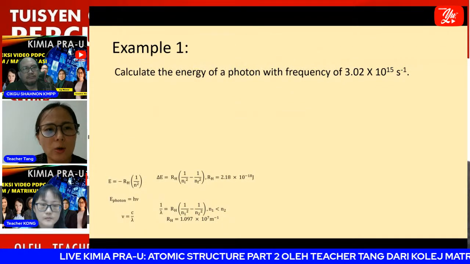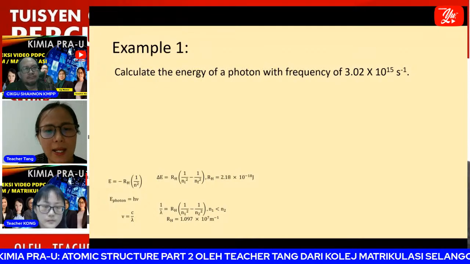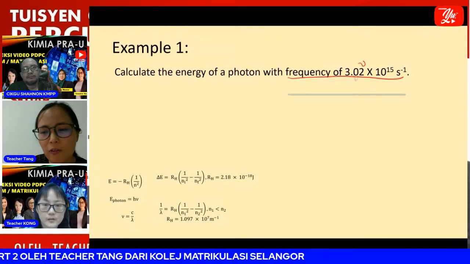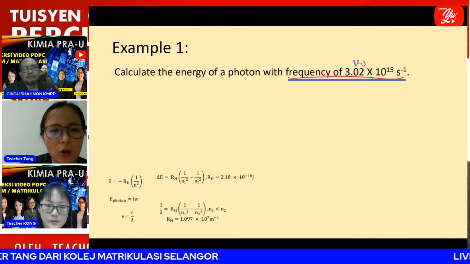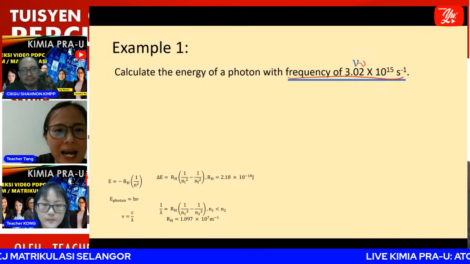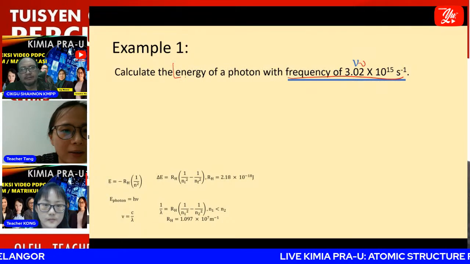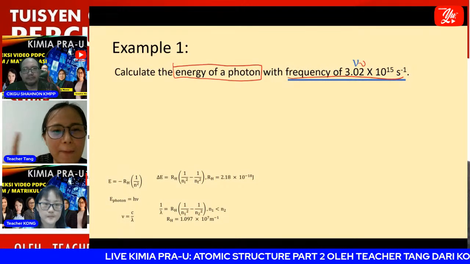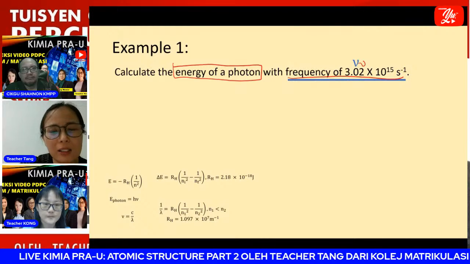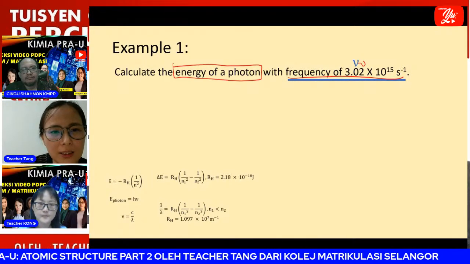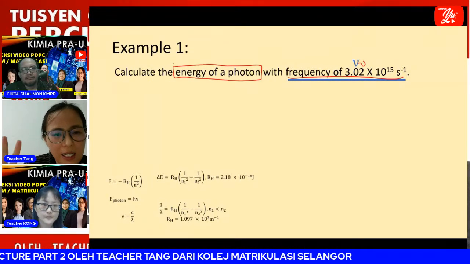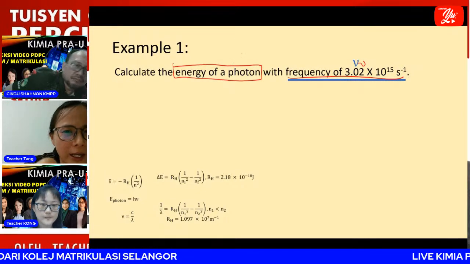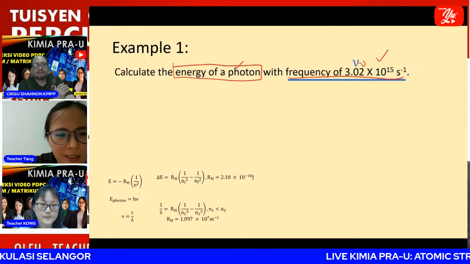In this example 1, we are given the frequency of the photon, and we are asked to calculate the energy of the photon. That is step number 1: we list out the information that has been given to us. Then step number 2, we choose the formula. Which formula involves the energy of the photon and frequency?